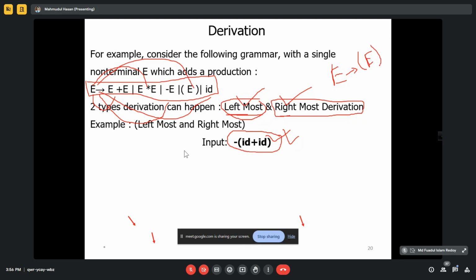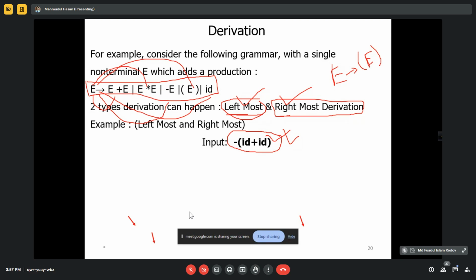You need to keep in mind that if you fail to choose the correct production rule each time, that means you are not able to generate the string.